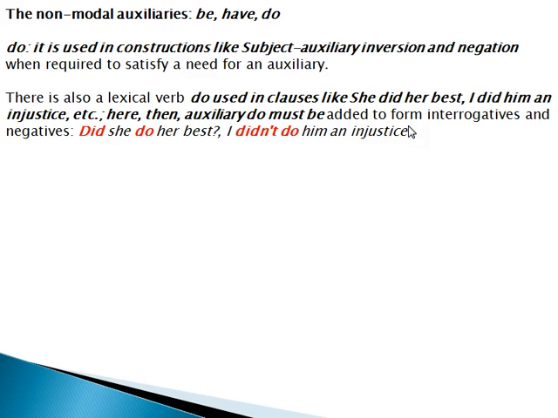The auxiliary do will take all the possible inflections. For negative, in fact, negative is not an inflection, it's a case of joining words. For tense, for example, do becoming did.